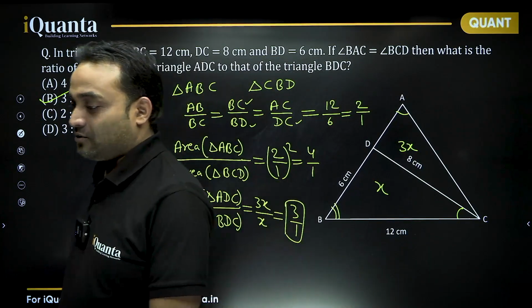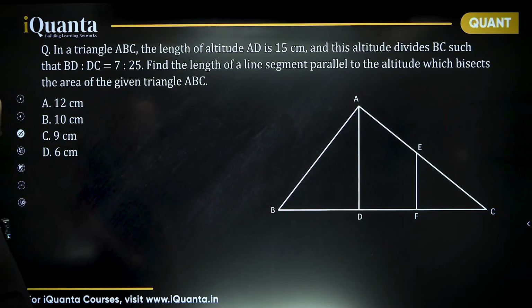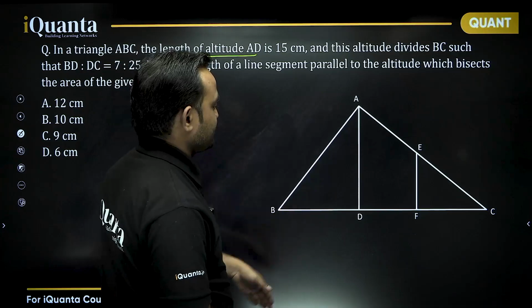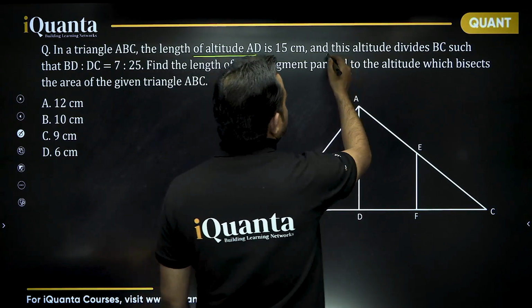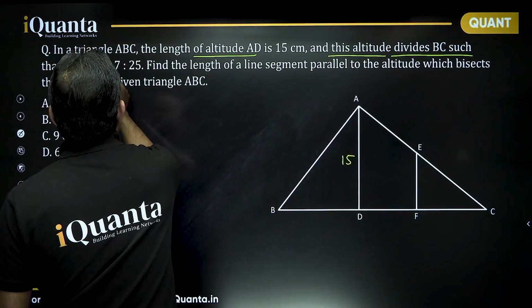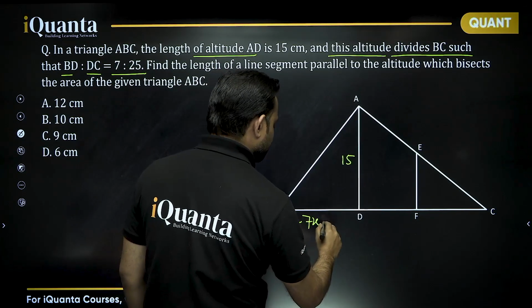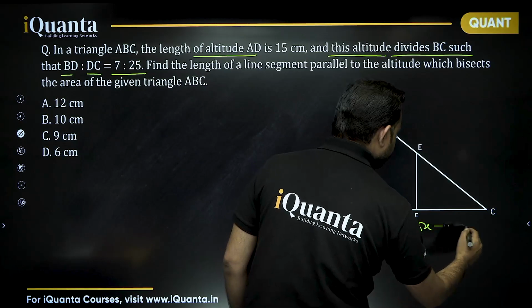Okay. Now let's go to the next question. In a triangle ABC, the length of the altitude AD is 15. This length is given, which is 15. And this altitude divides BC such that BD is to DC is 7 is to 25. Means if this is 7x, this is 25x.